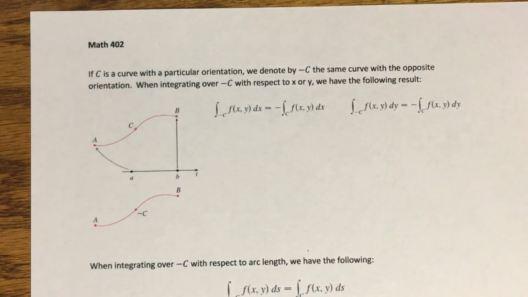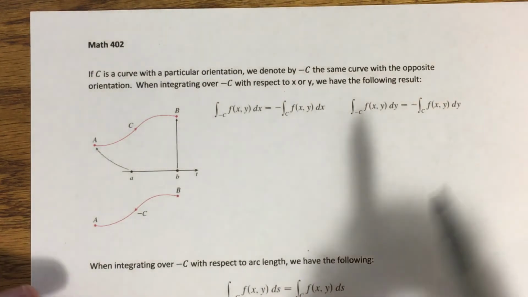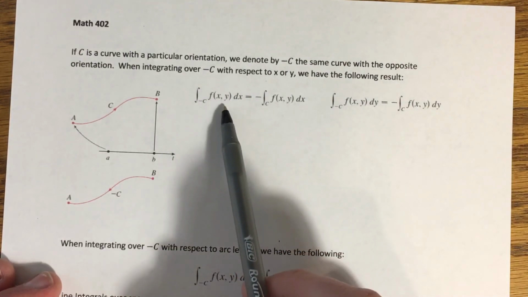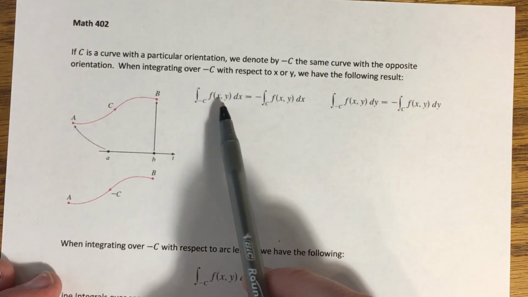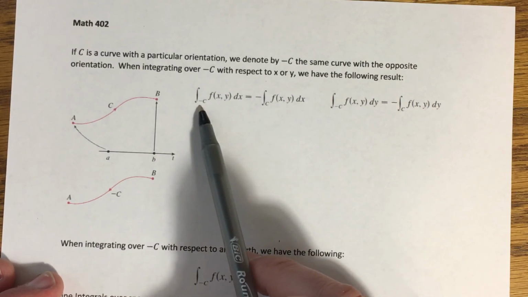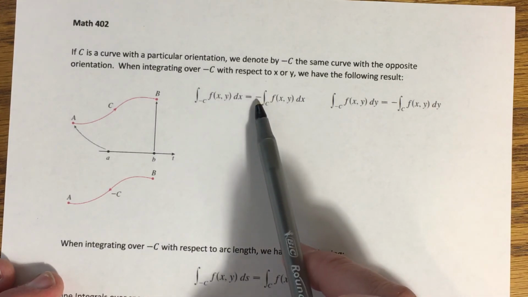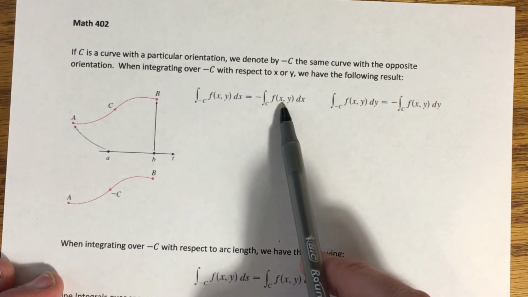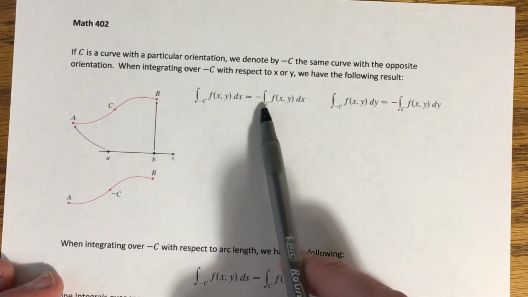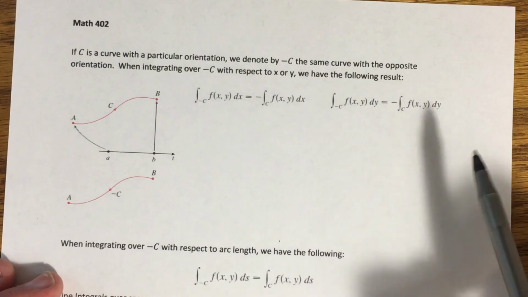We're not going to do this here, but we could show, if we went back to the definitions for these line integrals, that if you're looking at a line integral with respect to either x or y, if you change the orientation of the curve that you integrate over, then what you get is the opposite of the integral that you would have gotten if you didn't change that orientation. So this negative, you can think of it sort of as being brought out of the integral.